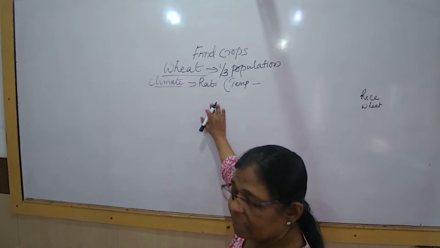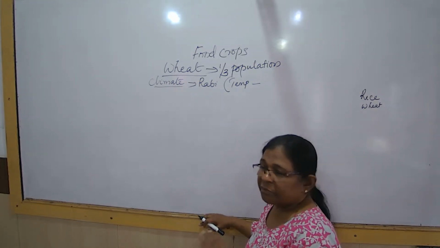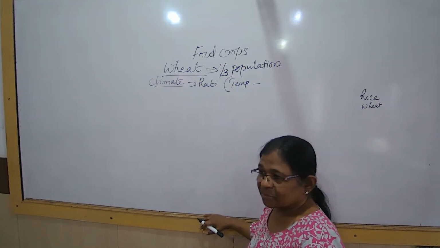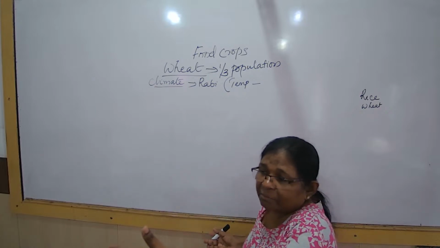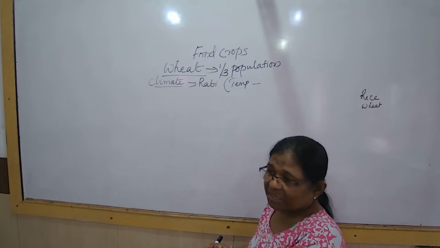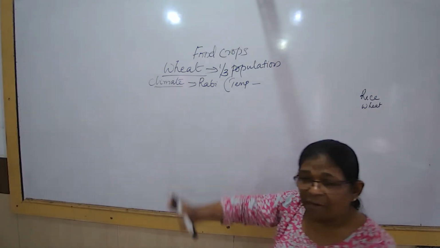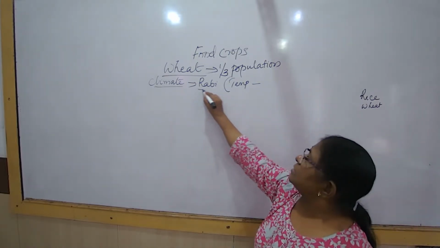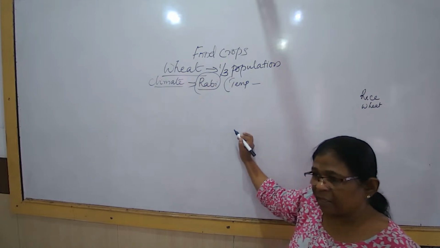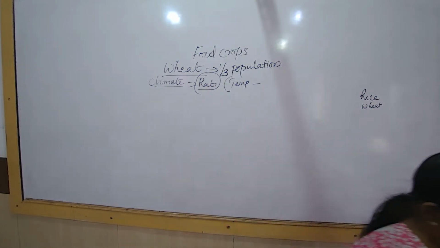The temperature does not go below 20 degrees. That is why we don't have a clear demarcation of climate in South India. But North India has a clear demarcation. That is why it is considered a rabi crop. All of you got it?